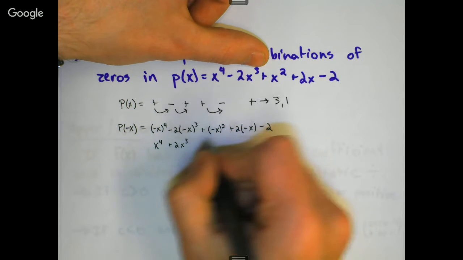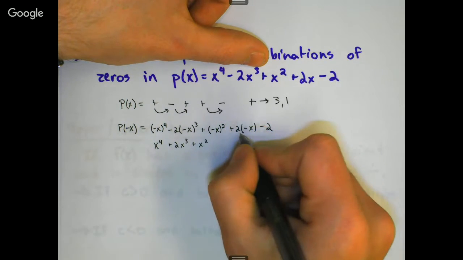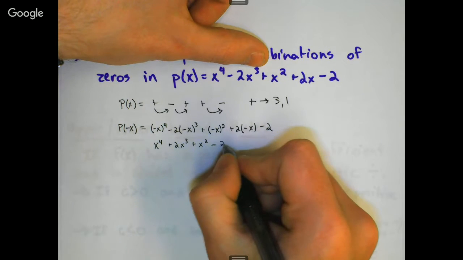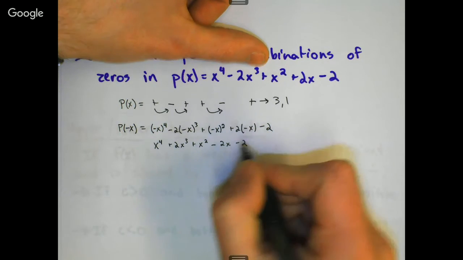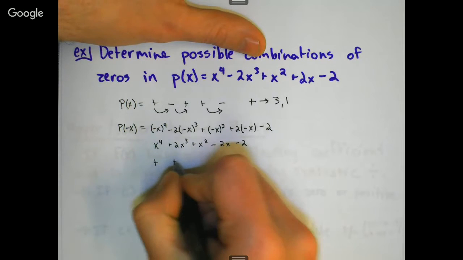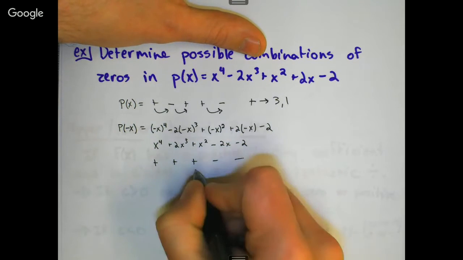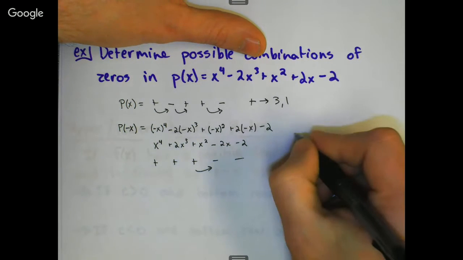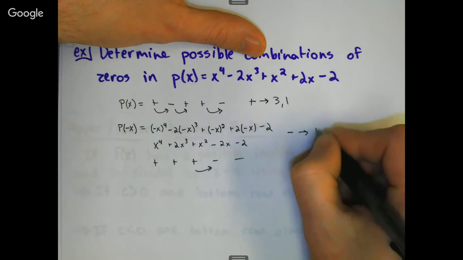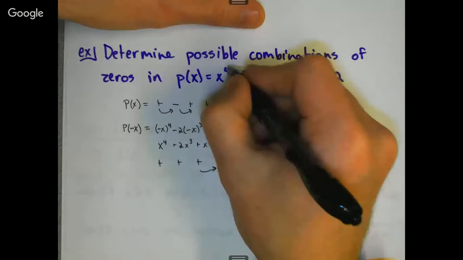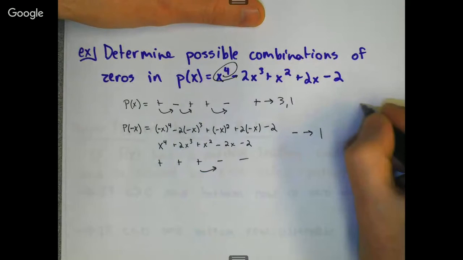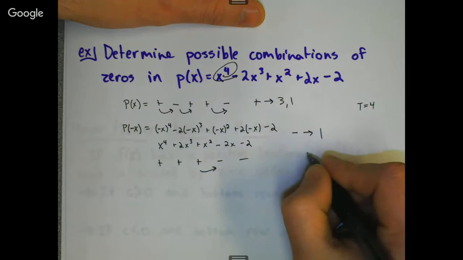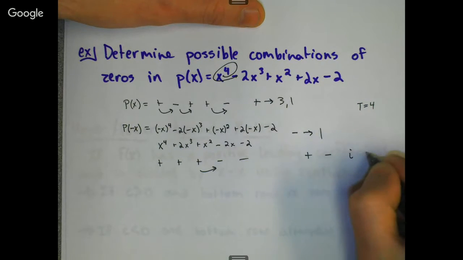This will be positive. This will be negative. This will stay negative. So I've got plus, plus, plus, minus, minus. So I only have one sign change. So for negative is 1. But I have a total of 4. So I do plus, minus, I total.